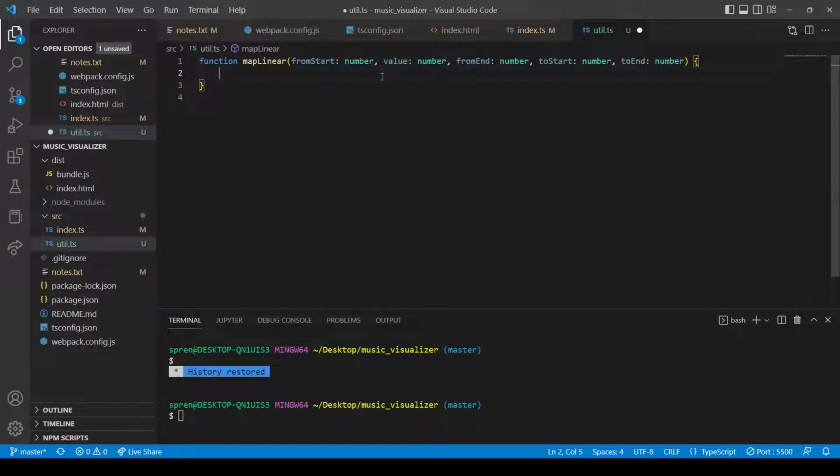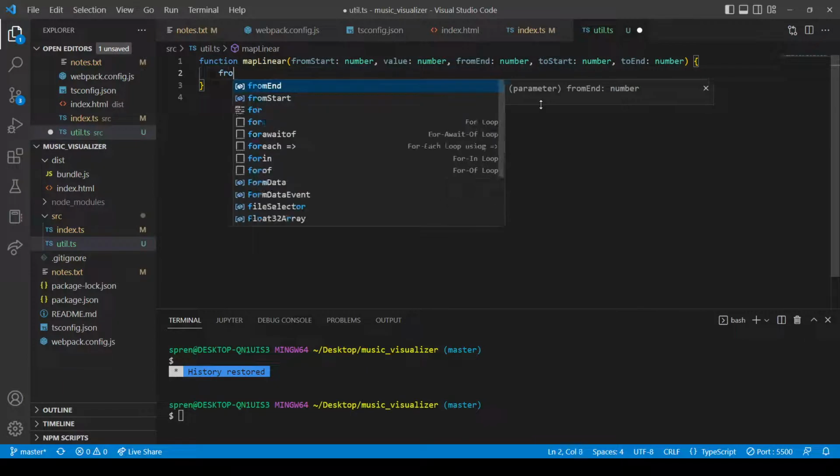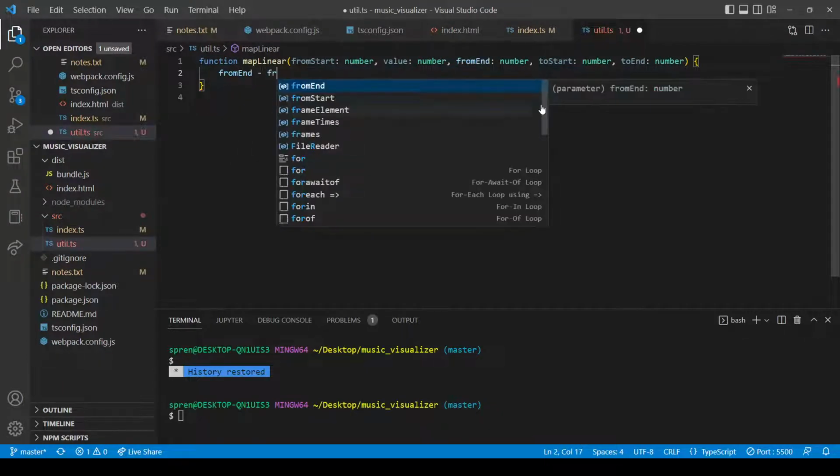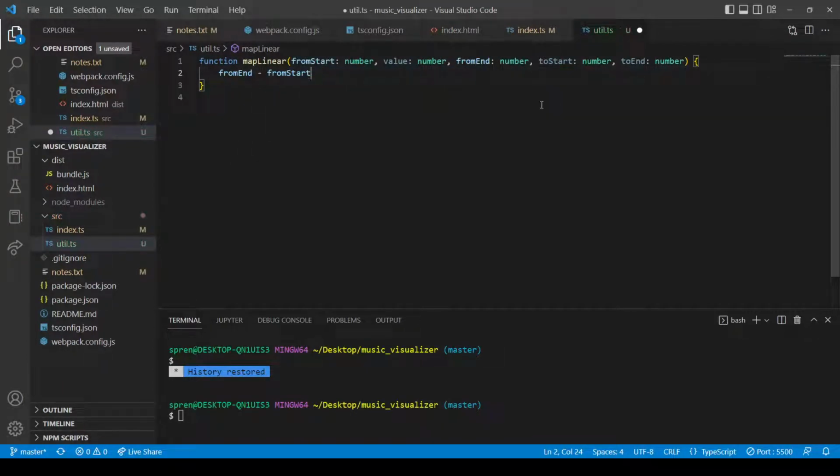I want to try to not assume which one of these is bigger or smaller, but I think I'm going to have to. Because you could do this.